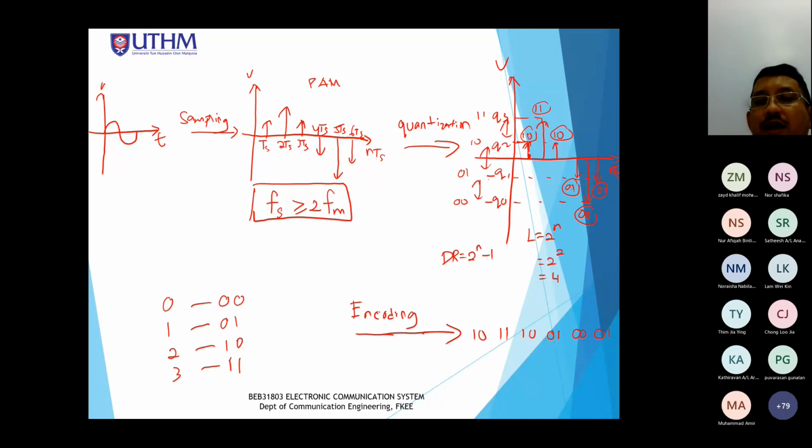So after encoding, I'm going to produce this code word, which is known as the pulse code modulation code word, the PCM code word. This is what we call digital data. It is in the form of logic 0 and logic 1. So this is the third process to produce the PCM code word, the encoding process.